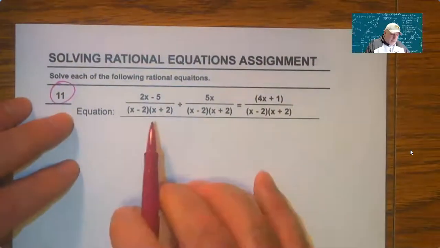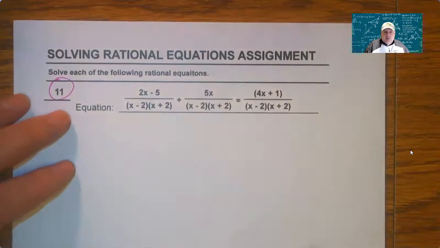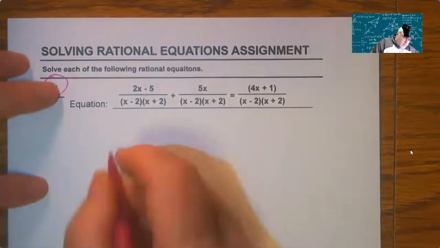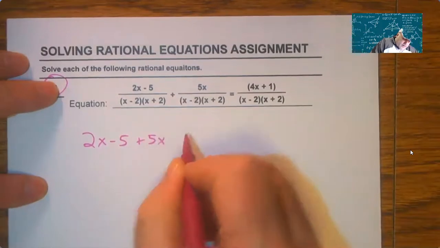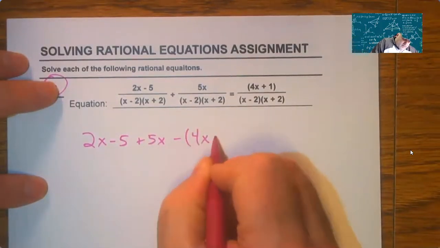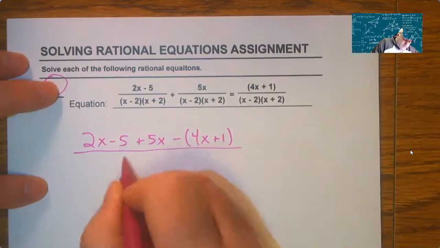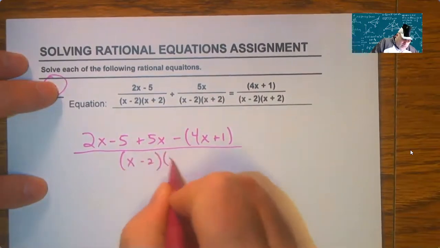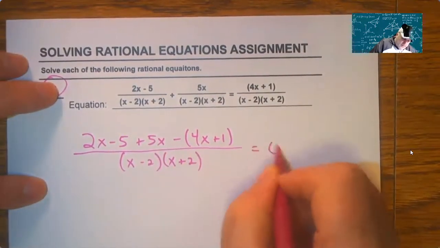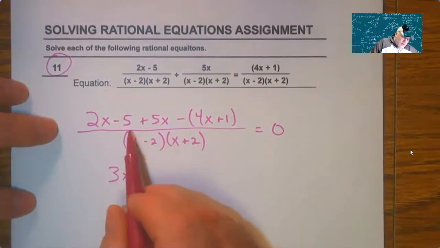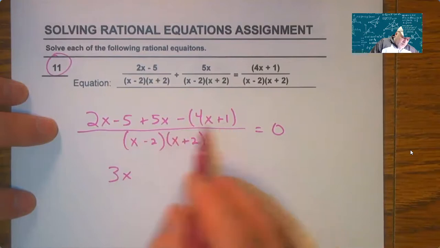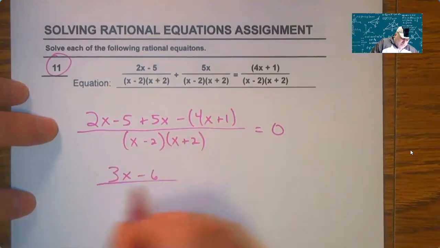Okay, so notice we got x minus 2 times x plus 2 everywhere. So let's just subtract over, and now you need the parentheses still around that. And don't forget the equal to 0. So we have 3x, and negative 5 minus 1, that would make minus 6.